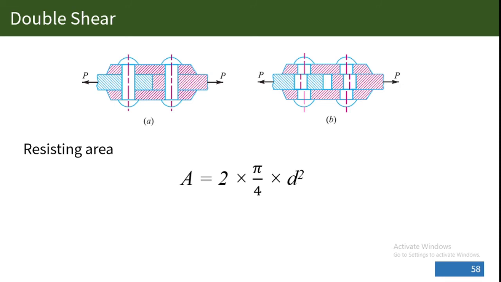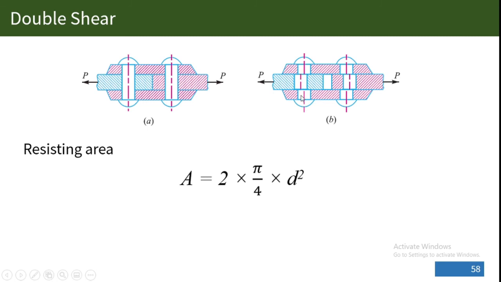After applying force P, this arrangement tends to shear off at two cross sections of the rivet. Okay, so we can see the two cross sections.